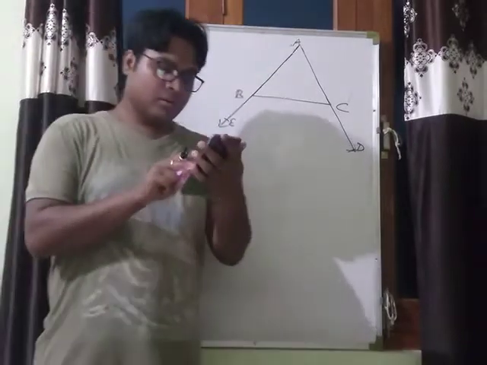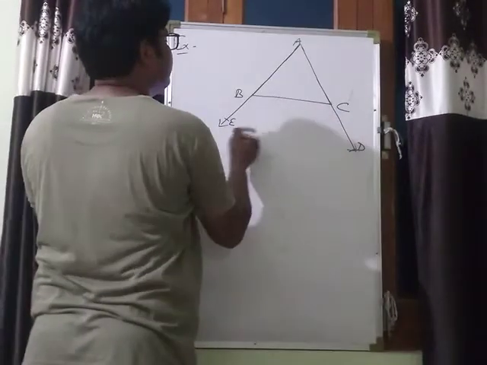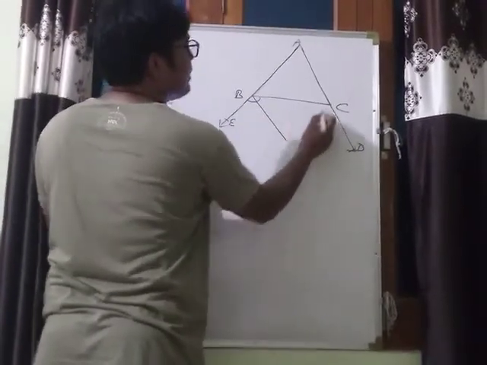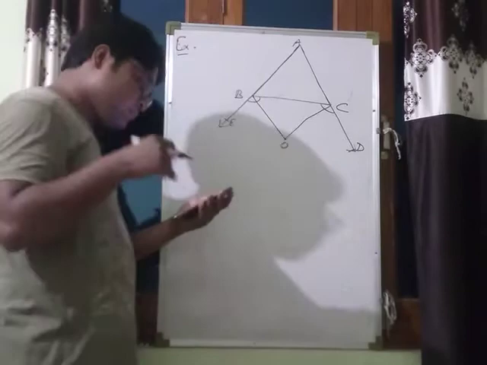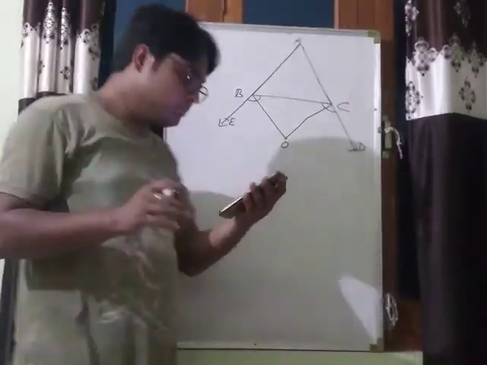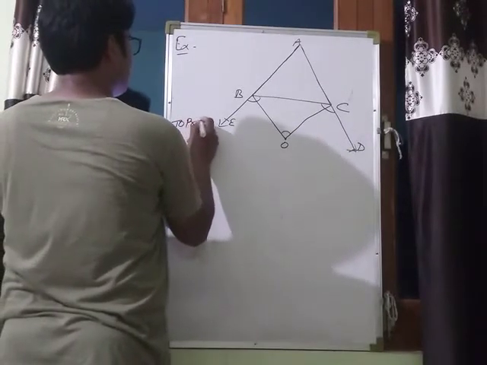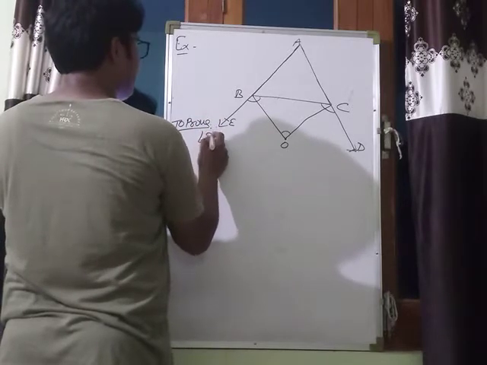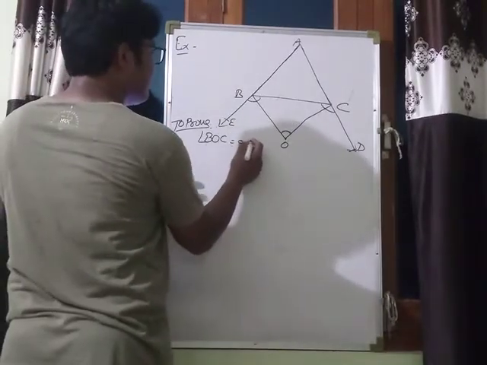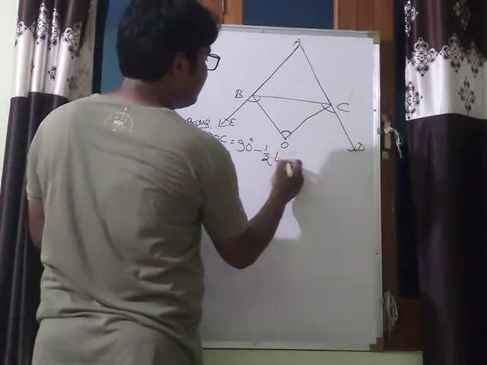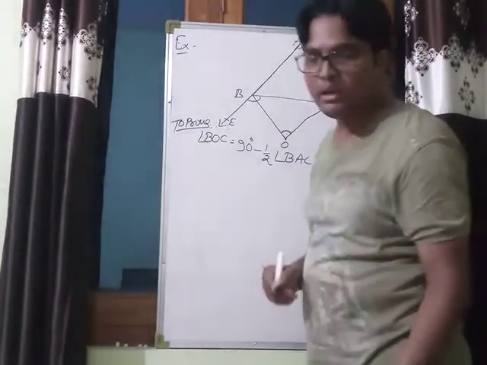Got it? If the bisectors BO and CO of angle CBE and angle BCD respectively meet at point O, then prove that angle BOC is equal to 90 degrees minus half of angle BAC. Okay, we have to prove this.